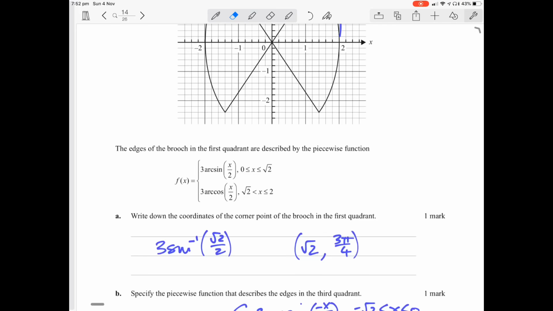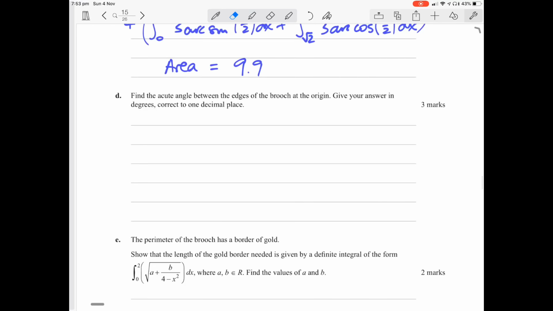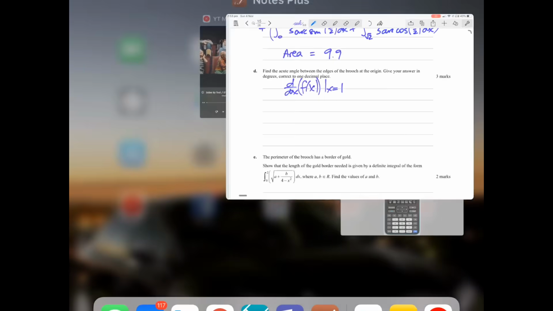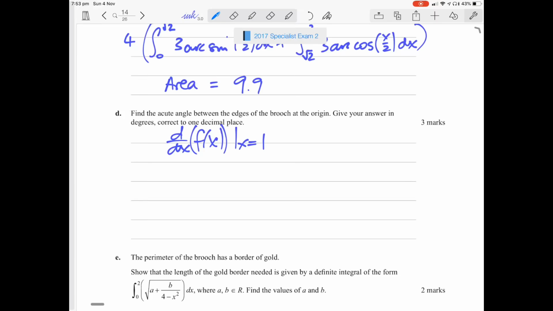So let's find out what the gradient is at 0. The gradient of that is, okay, so d dx of f of x given x equals 1. Why am I doing 1? Well, it doesn't really matter. But if we do it at 0, it probably makes more sense.